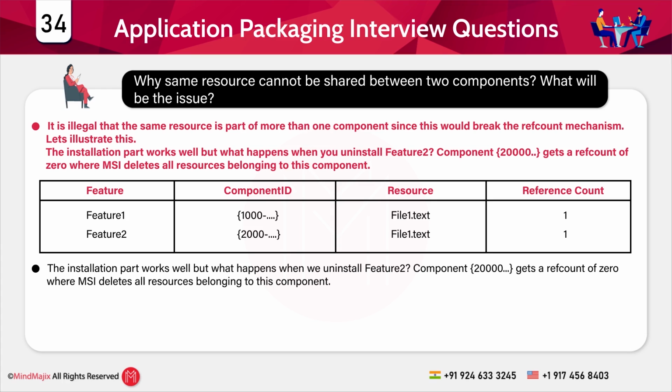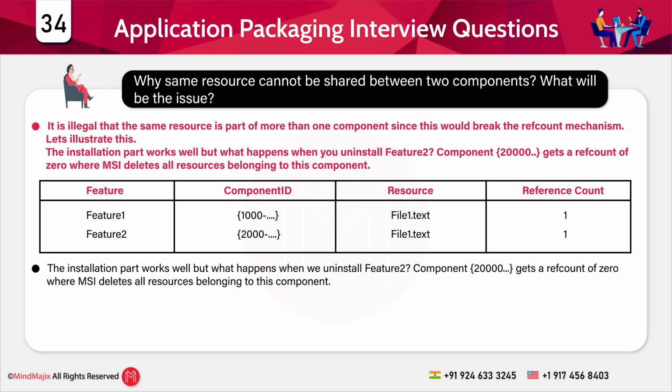The reference count will be 1 for both. The installation works well, but what happens when we uninstall feature 2? The component will be deleted, and it gets a reference count of 0.